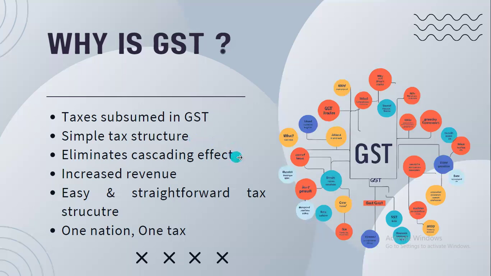And coming to eliminates cascading effect. First of all, what is the cascading effect? Yes, the cascading effect is nothing but, if I supplied goods to a customer and I received 1 lakh, on 1 lakh I need to pay GST to the government, right? So the government has levied a 14% tax rate on 1 lakh.